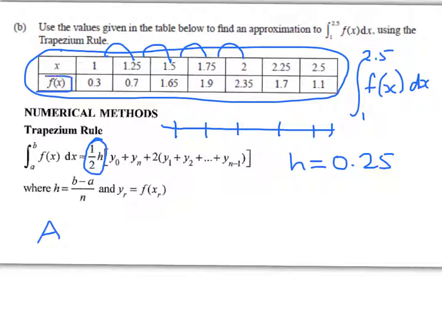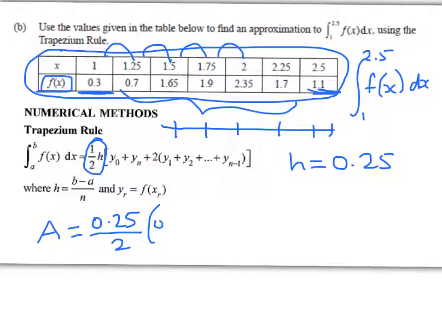My y values come from the values in the f of x row. I'm going to have one lot of the two endpoints and two lots of all those middle ones. So that gives me A is equal to 0.25 over 2 times 0.3 plus 1.1 plus two lots of all of that other stuff.